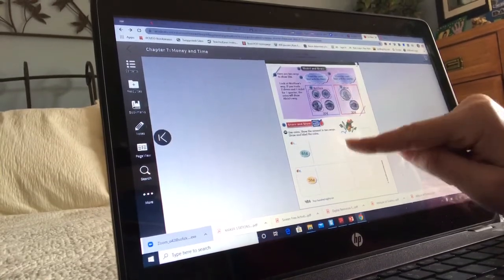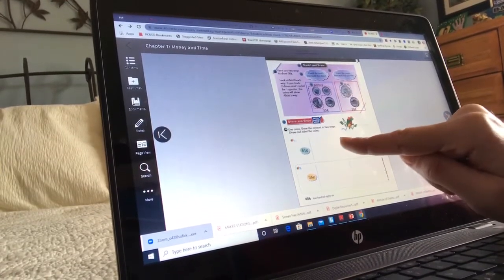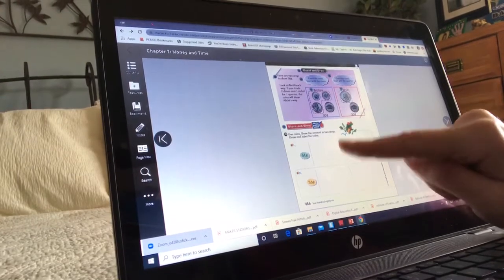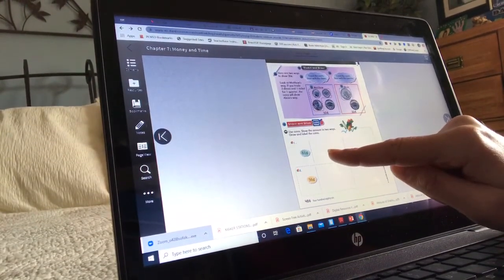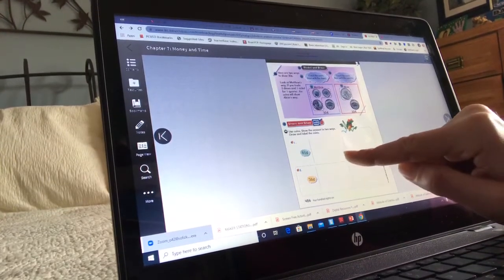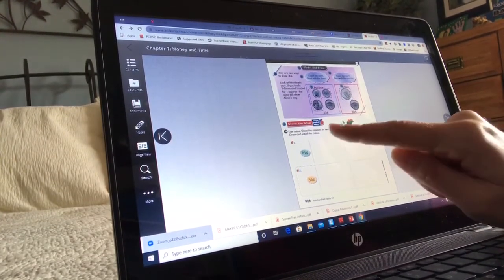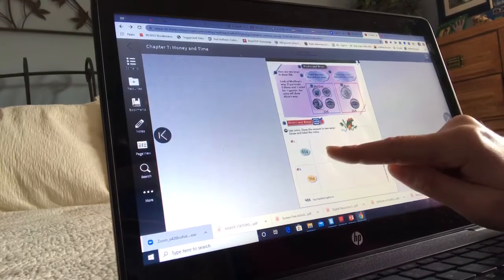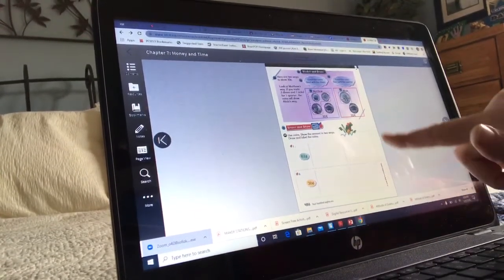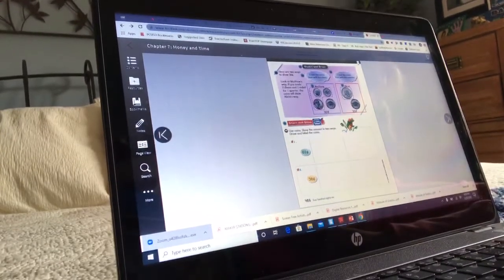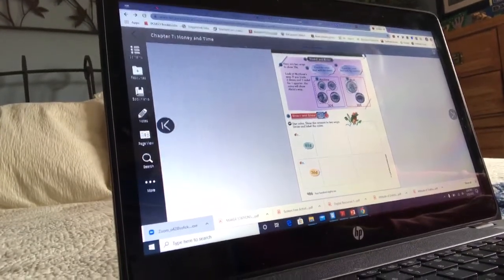So right here, you would draw 2 quarters and put 25s in them. Then you would draw a dime and put a 10, and put a penny and put a 1, and you go 25, 50, 60, 61. And then over here, you would think of another way that you could make 61 cents.